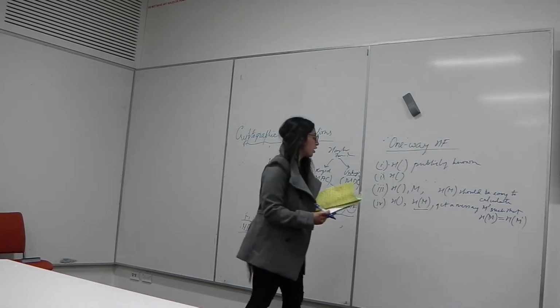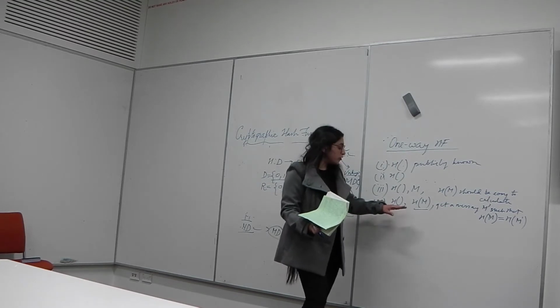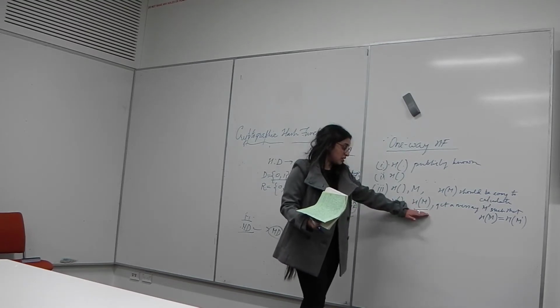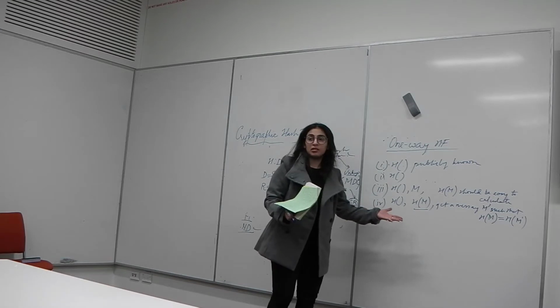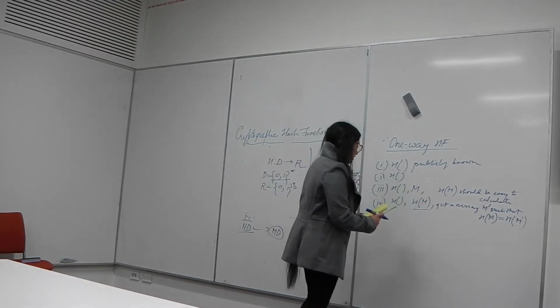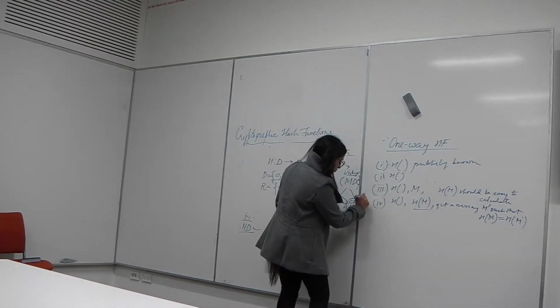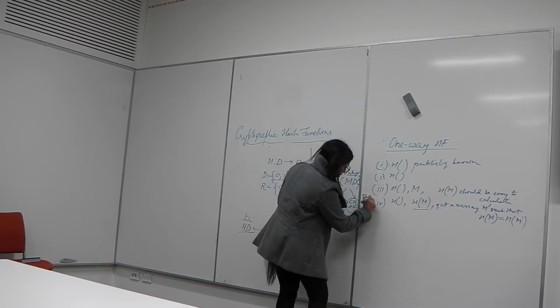So we know about this hash function and we know about this digest, but it is difficult to invert. This property is called pre-image resistance.